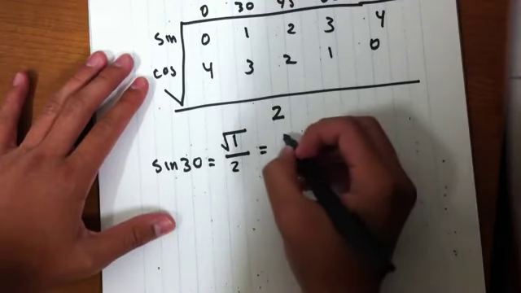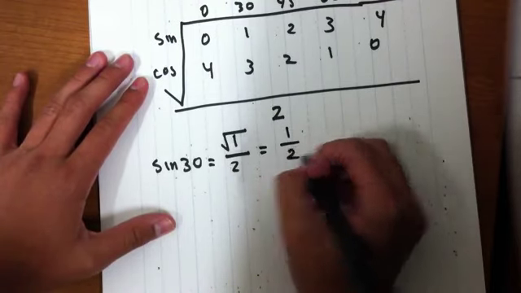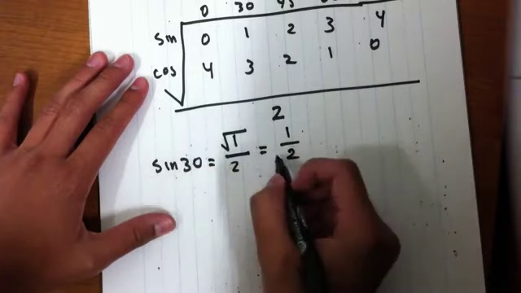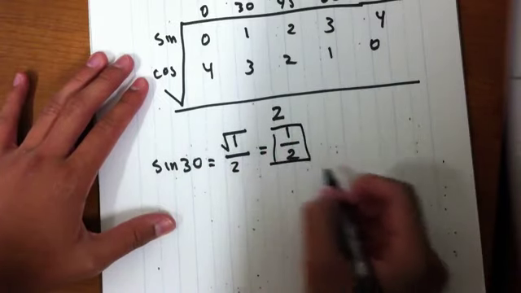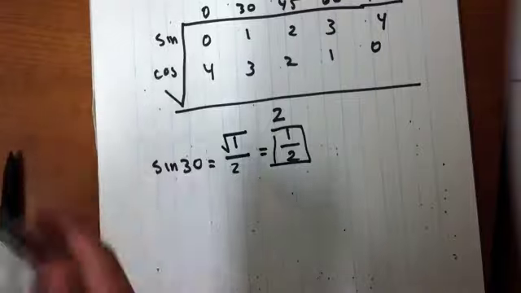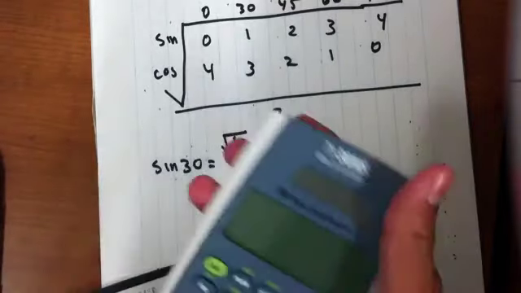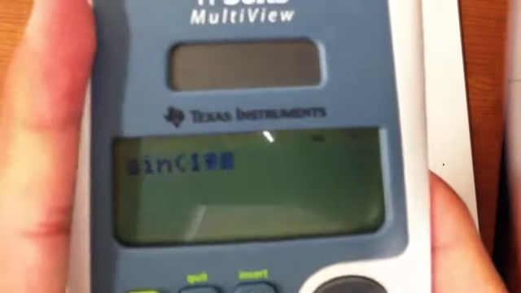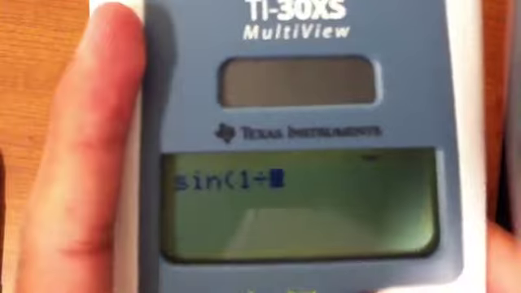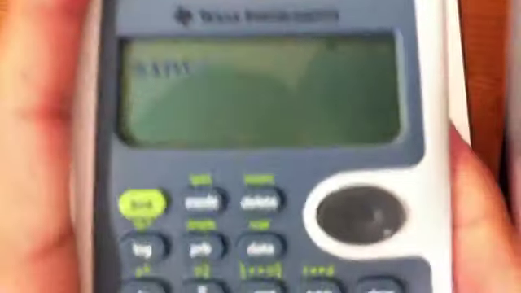Since the square root of 1 is just 1, sine of 30 is going to equal 1/2. And we could check this on the calculator. Sine of 30 is going to equal 1/2.